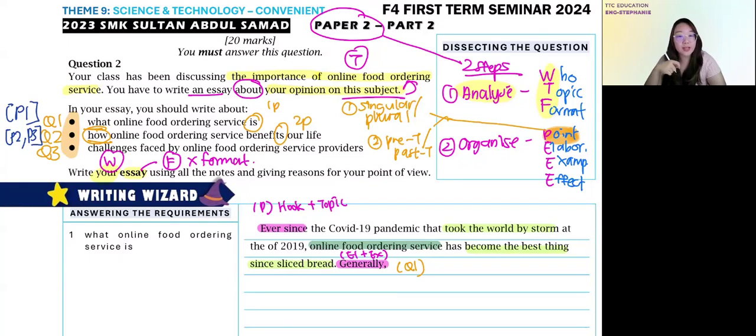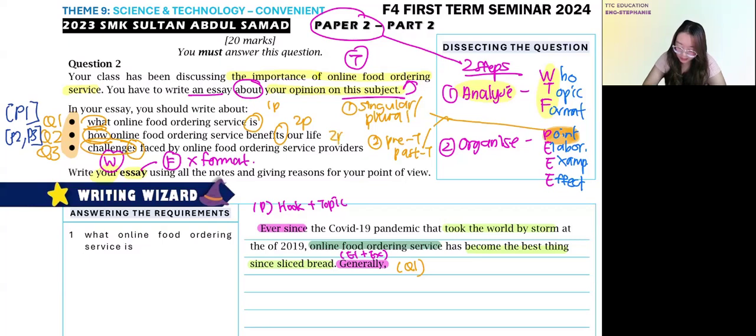So challenges faced by online food ordering service provider. Okay, so this is something quite different because I don't think it's the usual essay topic that we have gone through. Yes, they go with online food ordering service. Yes, they go with online delivery service, but challenges. Okay, so challenges means problems. You just state the problems nowadays, and you talk about the problems.